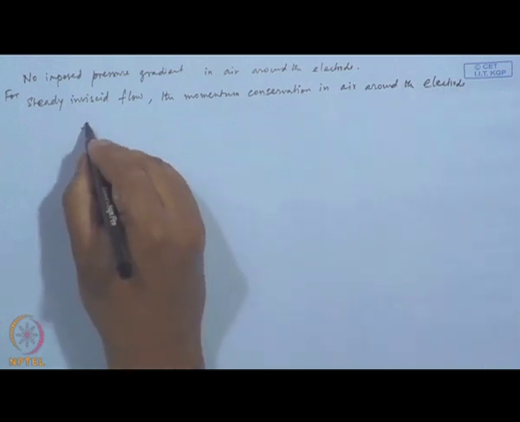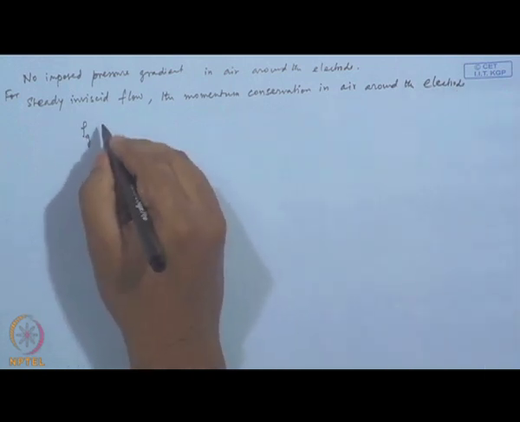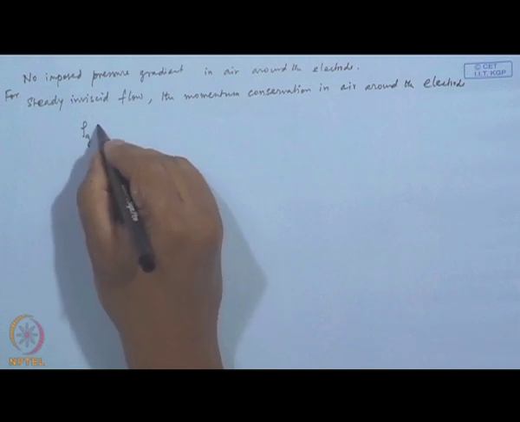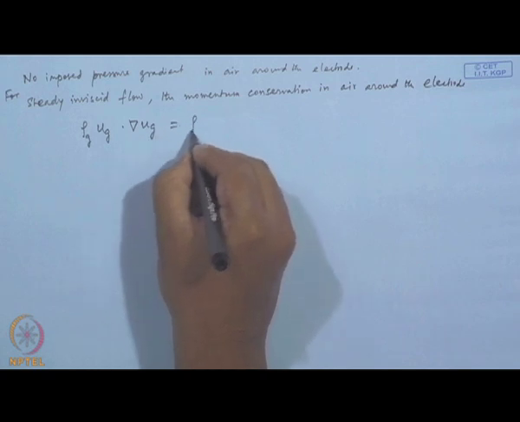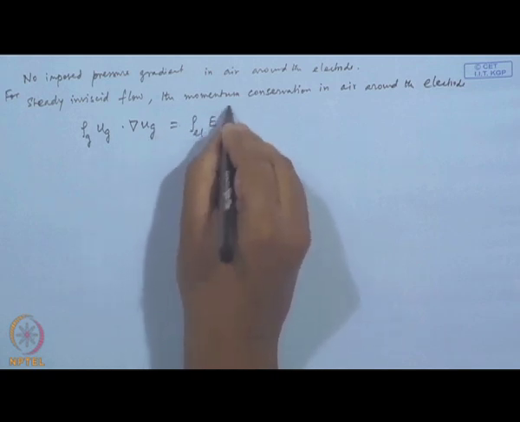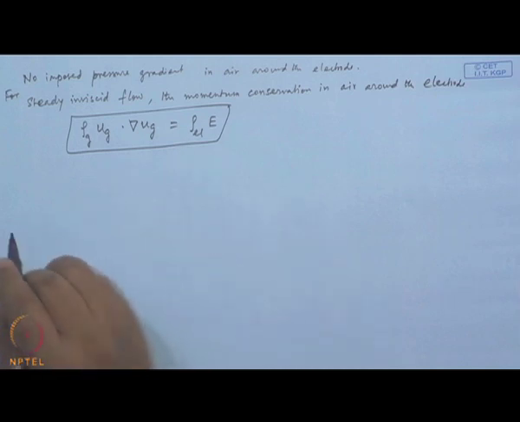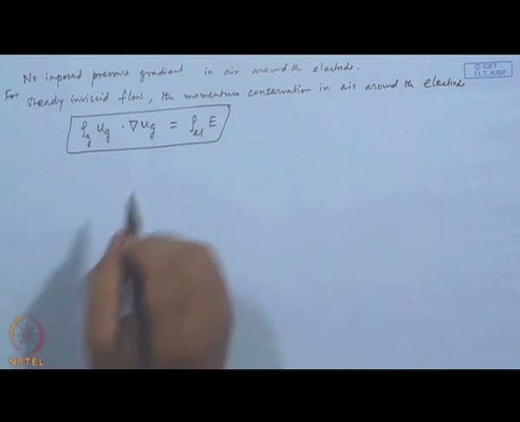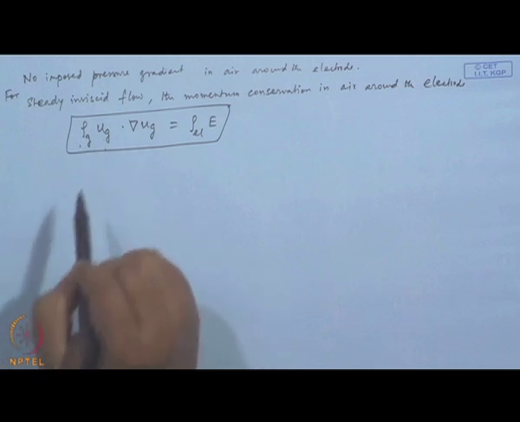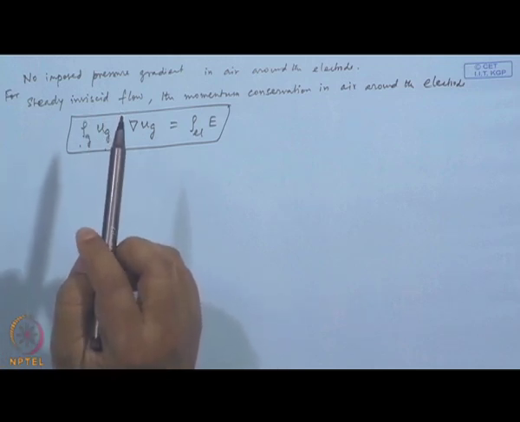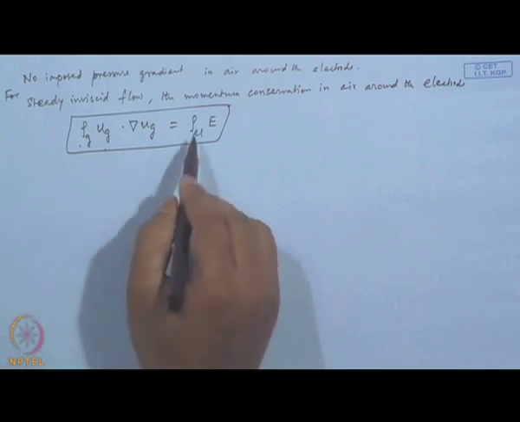would be rho g Ug. So, this would be the momentum conservation equation in this case, where rho g is the density, Ug is a velocity vector, and we have taken the grad of it, and this rho El is the charge density.